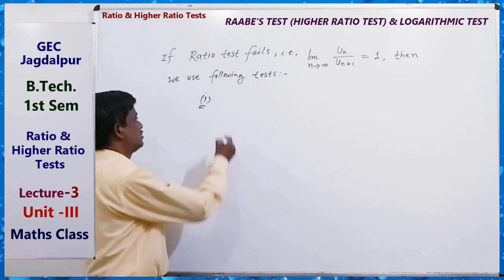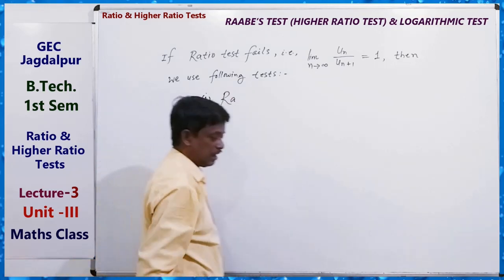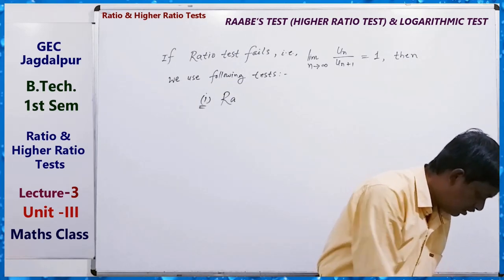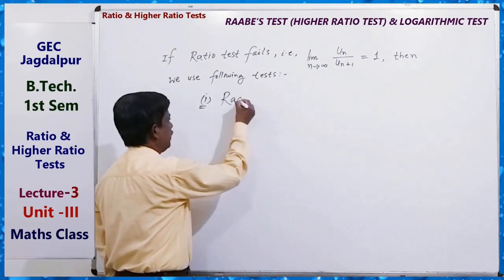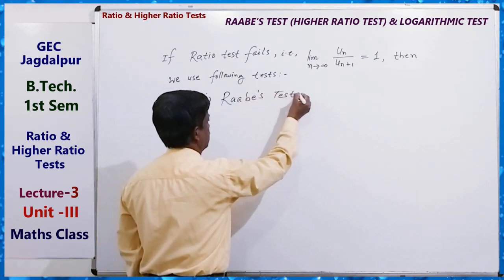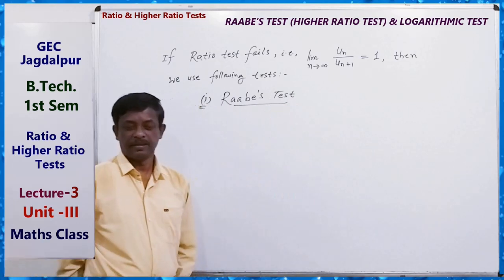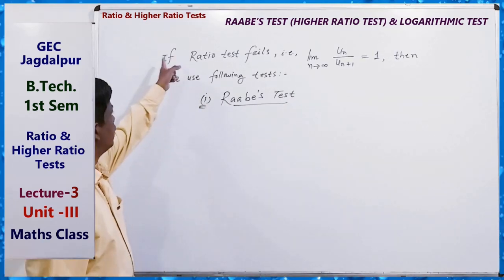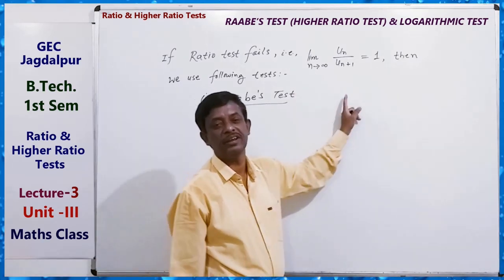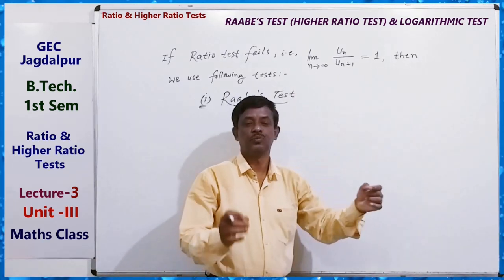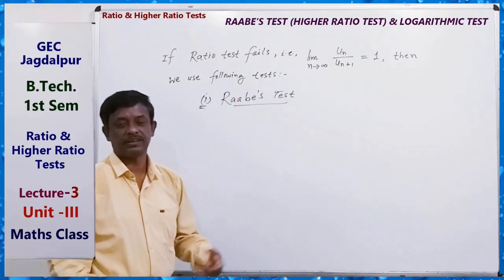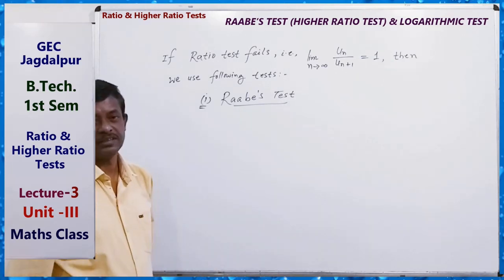First, Raabe's test. Okay, Raabe's test, R-A-A-B-E. We know if the ratio test fails, that is, when the ratio test fails, the limit equals 1. Then we use the following test for further testing, Raabe's test.